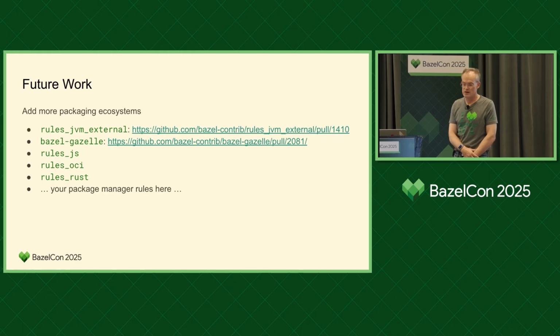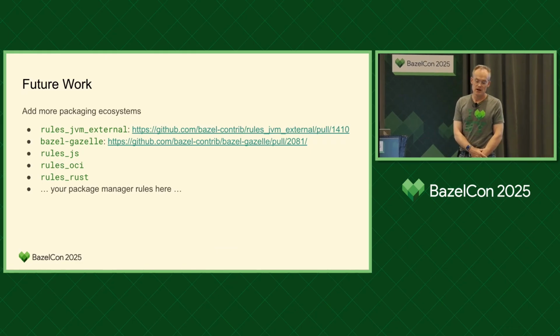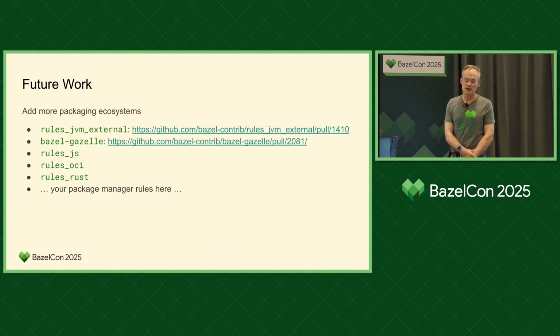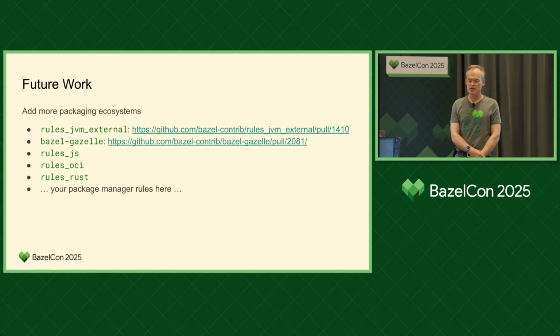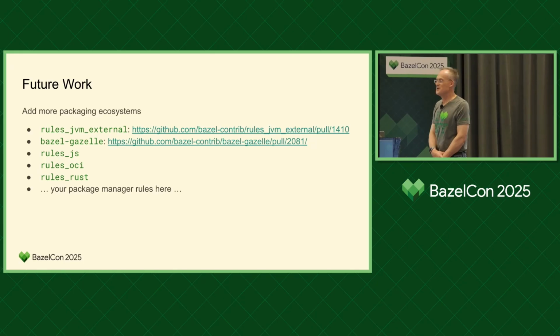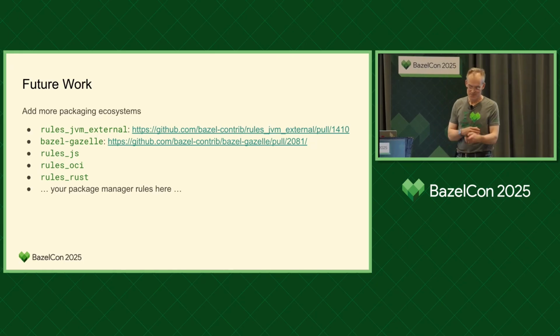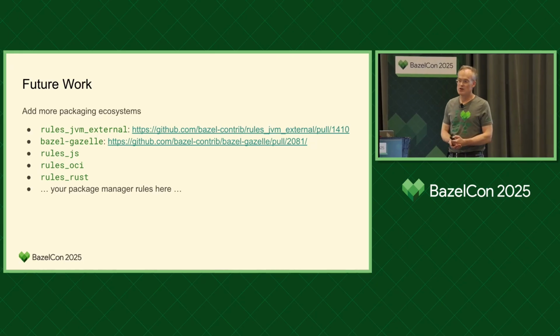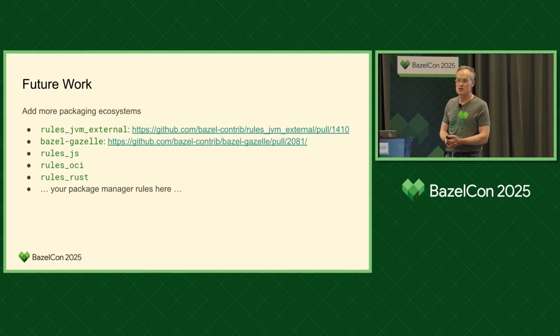Actually, these are Yannick's pull requests against rules JVM external and Bazel Gazelle for Golang. We've kind of poked at the rules JS thing, but it's not working. So if you know how to help, that'd be great. And obviously, all the other external package managers that you might be using, and you may need to do this for internal package managers if you have those as well.